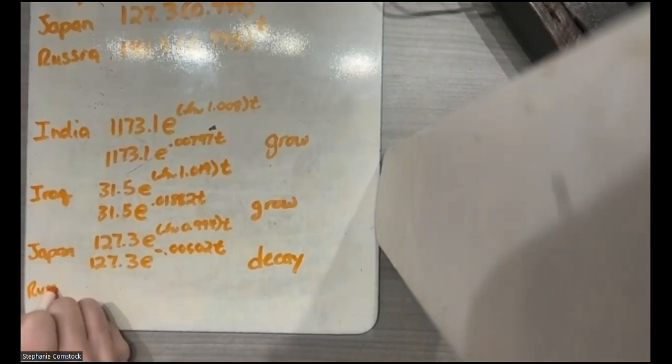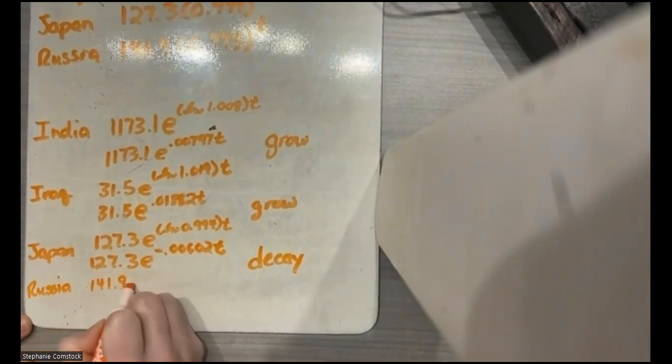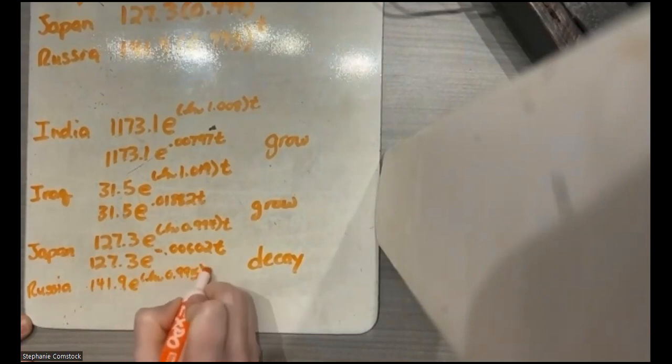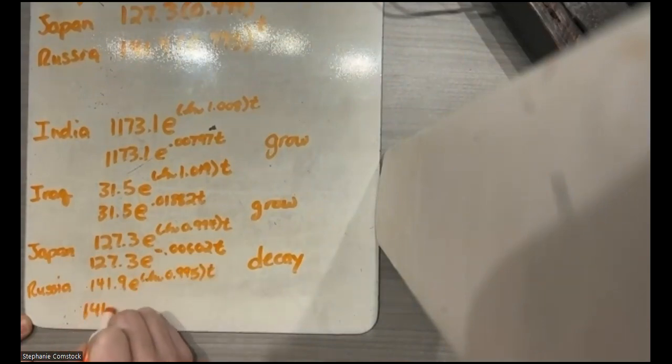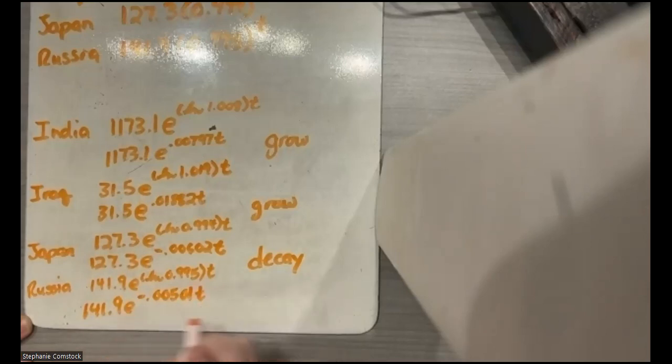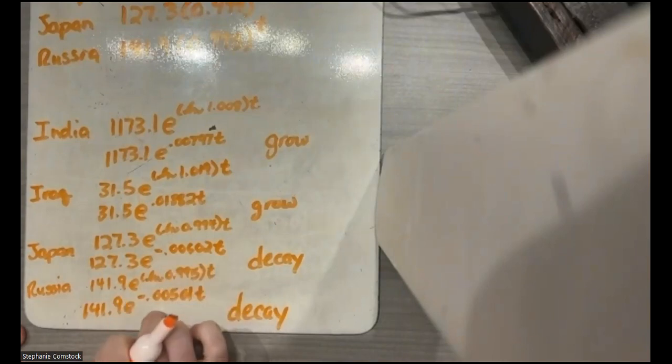And then we've got Russia, 141.9 e to the natural log of 0.995 t, which is going to be 141.9 e to the negative 0.00501 t. Again, because that's negative, we know that it is decay. The other thing we know is that because Japan's is more negative, 0.006 versus 0.005, Japan is losing population quicker than Russia is.